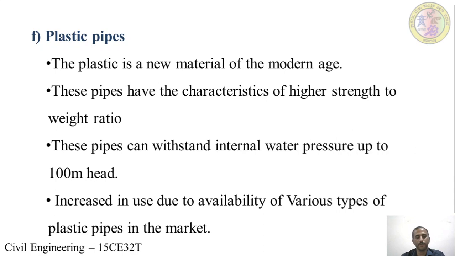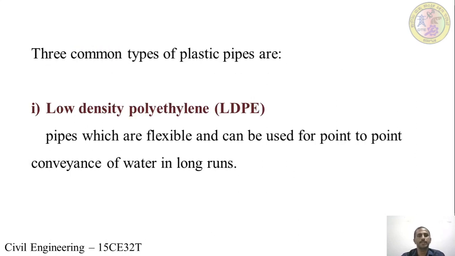These plastic pipes are resistant to corrosion and bacterial contamination. The three common types of plastic pipes are, first one is low density polyethylene or LDPE pipes.